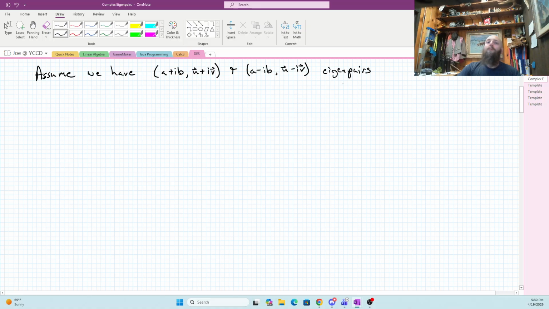Now, because I don't know what the rest of the solution or what the rest of the eigenpairs are, I'm going to be limiting myself to at least part of the solution.